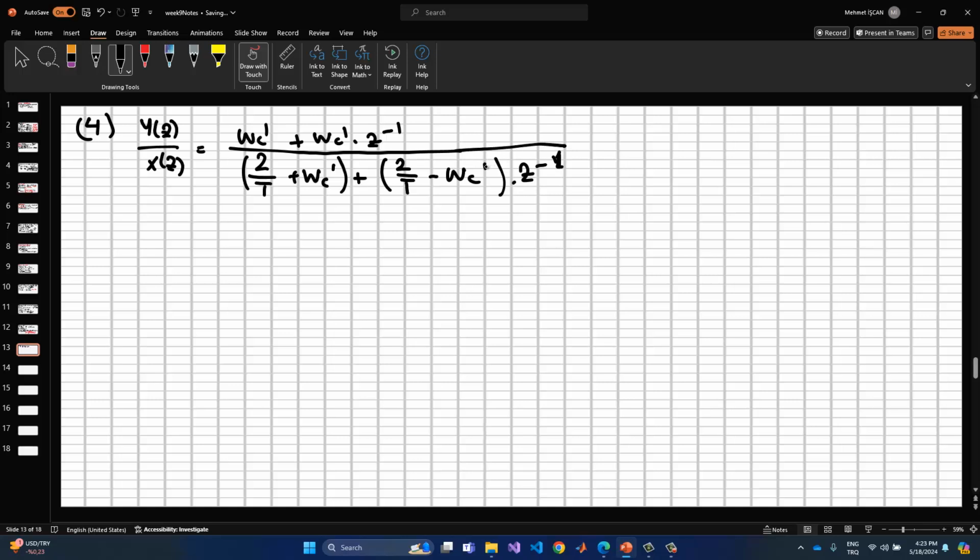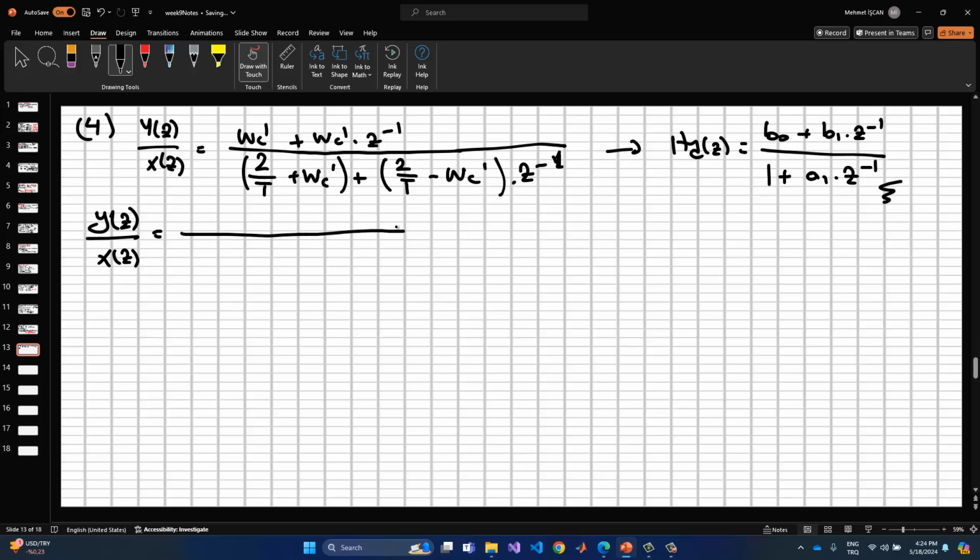And so we need to convert this form into H(z) equals (B0 plus B1 z^-1) over (1 plus A1 z^-1). This is the simplest representation of the low pass filter in the correct order of the RC formulation, okay? And so this Y(z) divided by X(z) can be represented right now with these terms.